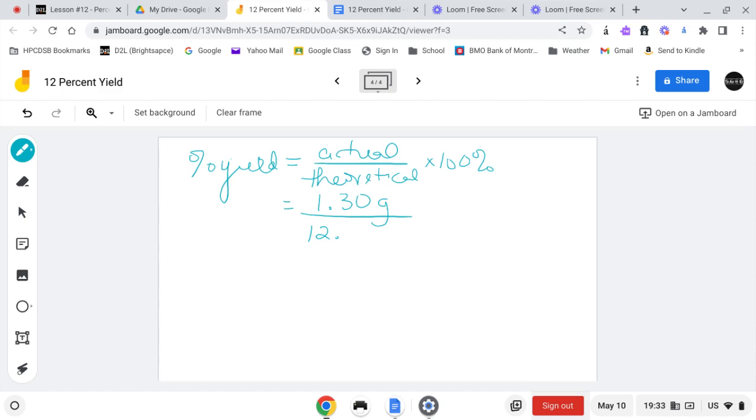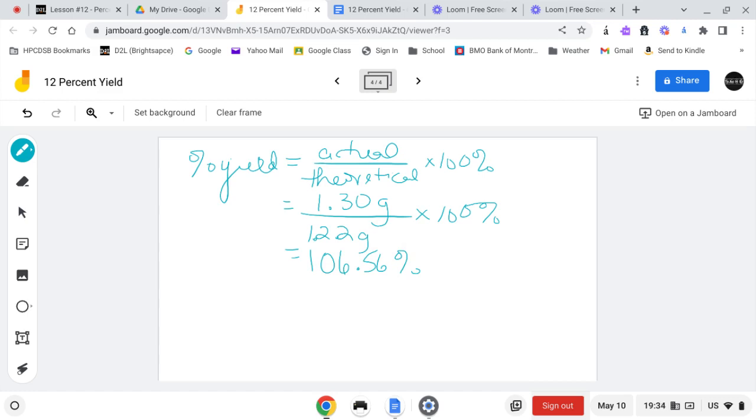We should have gotten 1.22 grams. And when we divide that and multiply by 100%, we're going to get a value greater than 100%, but that's okay. That sometimes happens. So we're going to get a percent yield of 106.56%. And all that tells us is that we collected more mass than we should have.